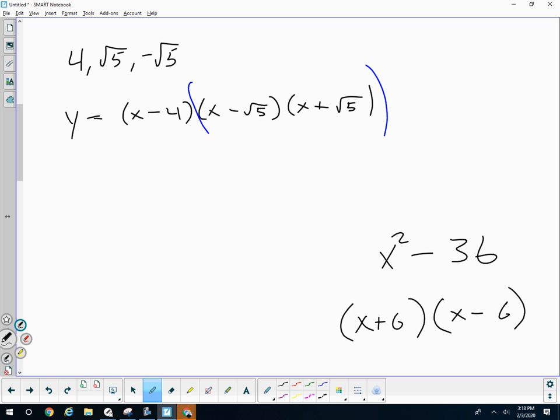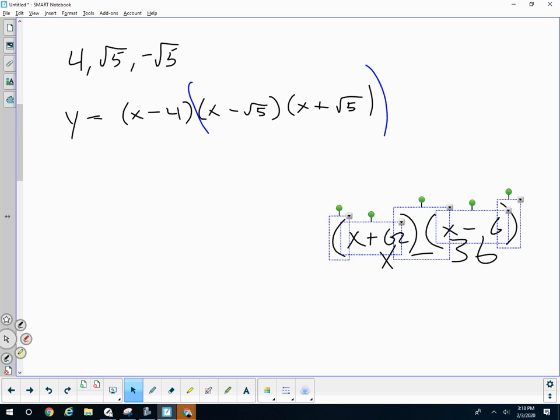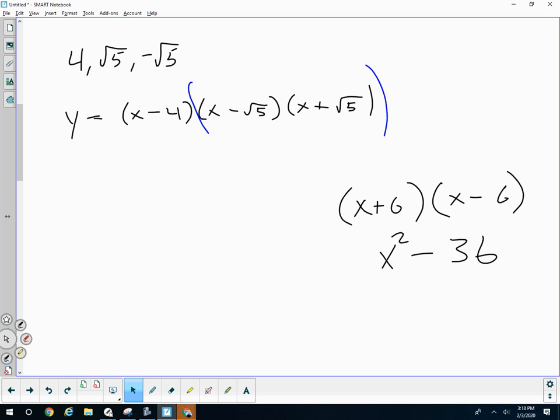Okay, so this is that. What's this multiplied? X squared. But it'd be minus the square root of 25. And what's the square root of 25, Miss Crabtree? Root 5 times root 5 is root 5 squared.